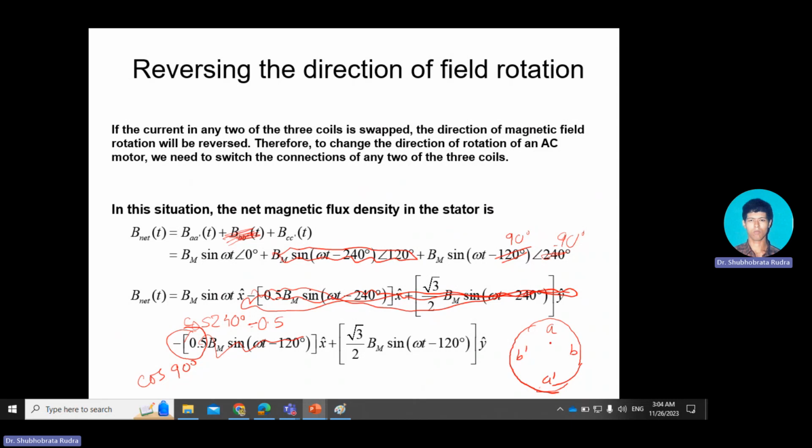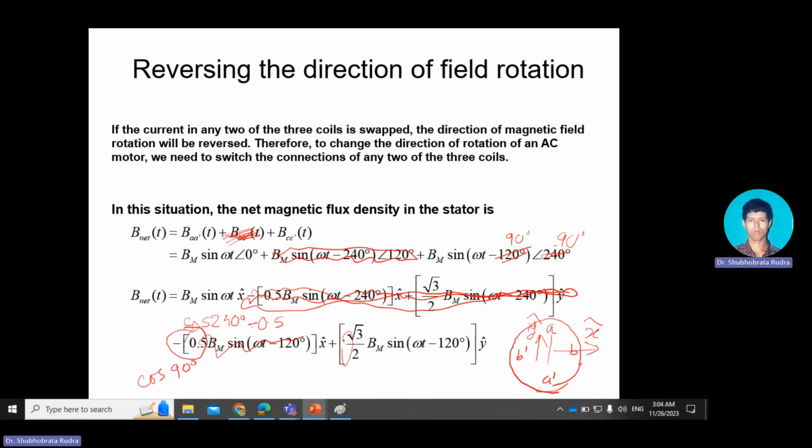Correct? So for A dash, you have something acting in this direction of x vector that is precisely along the axis of coil B. And similarly, for this coil B, you should have something working in the direction of Y, right? So this part is gone.